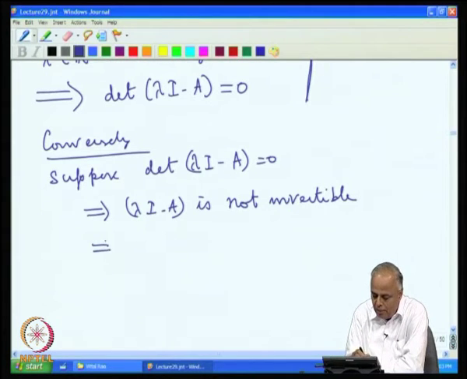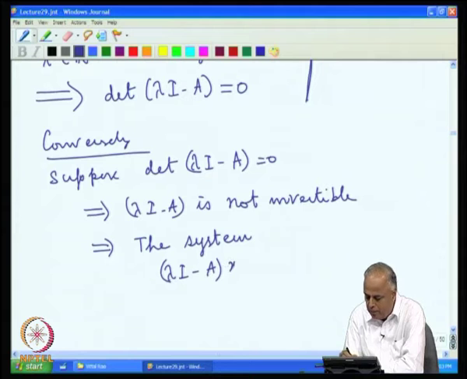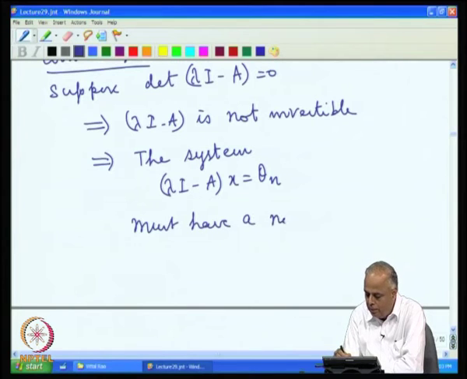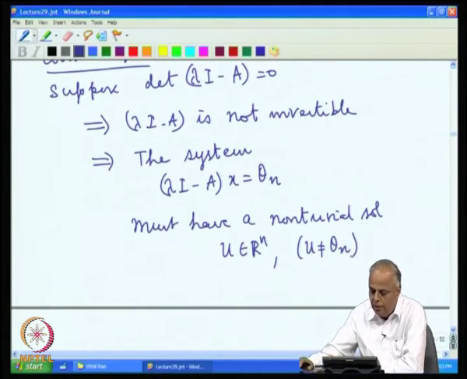If this is not invertible, that means the homogeneous system (lambda I minus A) x equal to theta n must have a non-trivial solution u belonging to R n. When I say non-trivial, I mean u not equal to theta n.